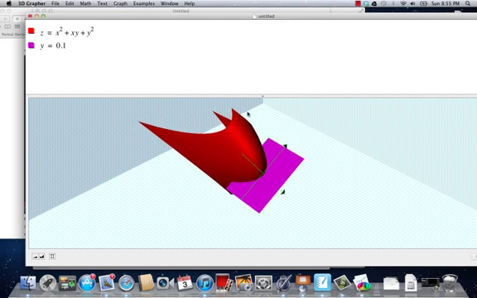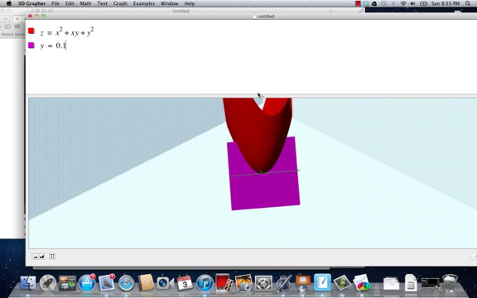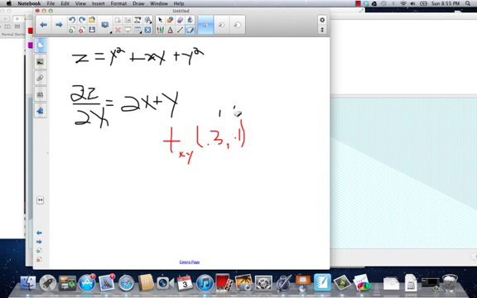So, for instance, just to clarify this, when we plug this value of 0.3 back into our derivative here, this would signify that the partial derivative of z with respect to x is equal to 2 times 0.3 plus 0.1.